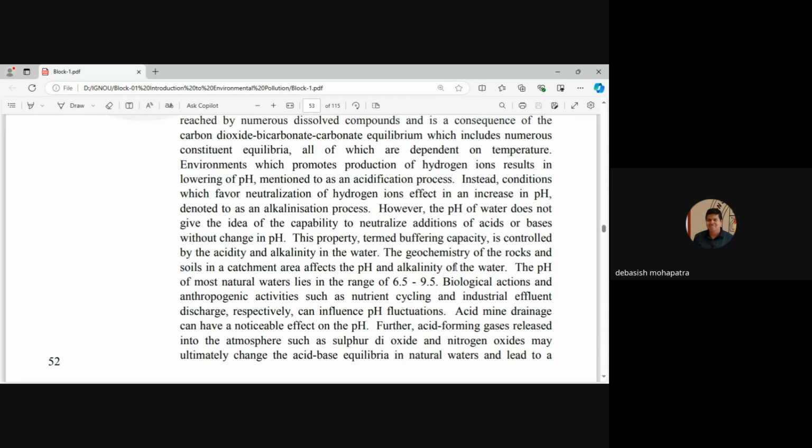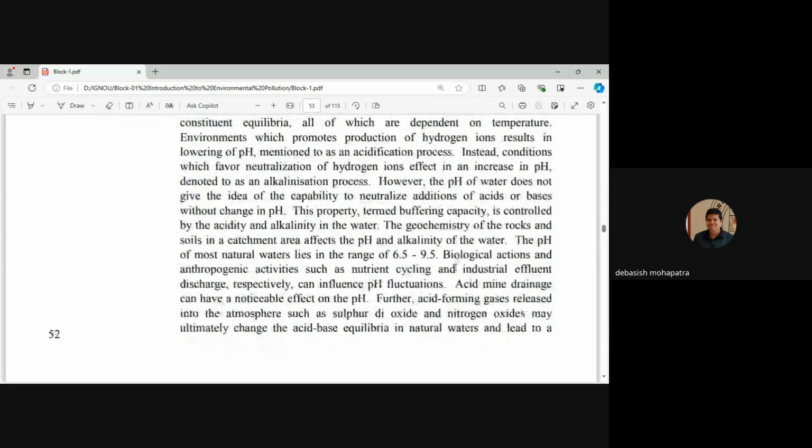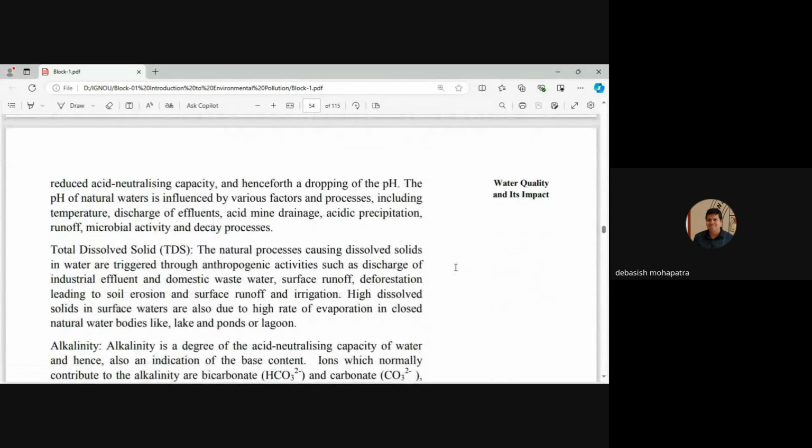Further, acid-forming gases released into the atmosphere such as sulfur dioxide and nitrogen dioxide may ultimately change the acid-base equilibrium in natural water and lead to a reduced acid neutralizing capacity and henceforth a dropping of pH.